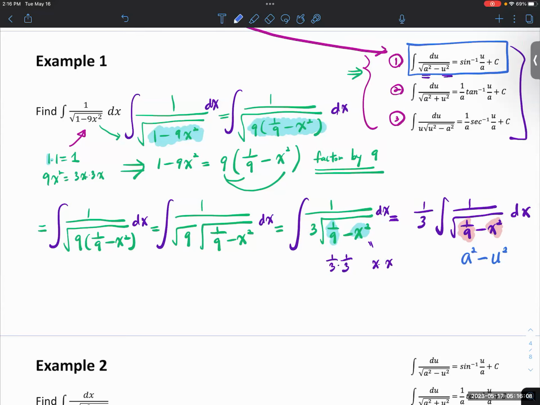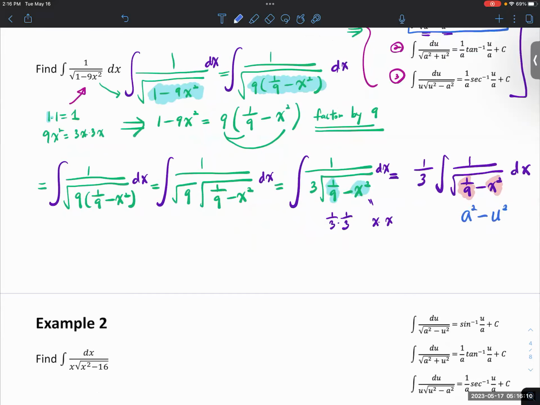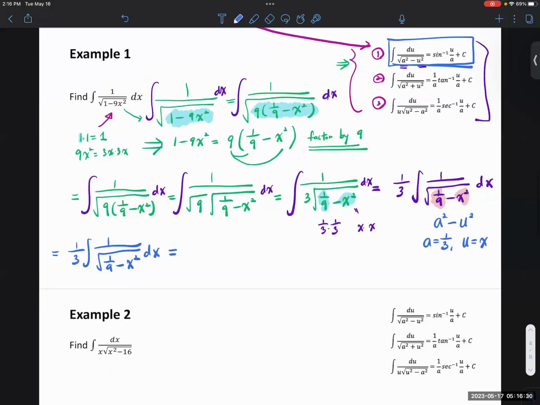So what is a? This is going to be a squared. 1 over 3 times 1 over 3 is 1 over 9, so a will be 1 over 3. U will be x. Therefore, 1 over 3 integral radical 1 over 9 minus x second dx, according to the first technique, will be sine inverse of u over a plus c.